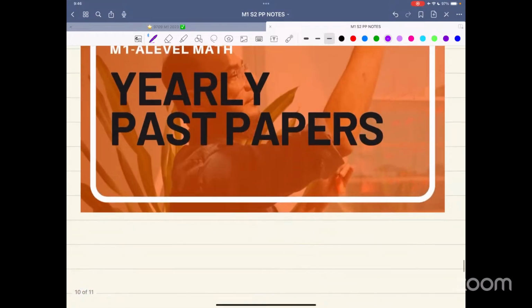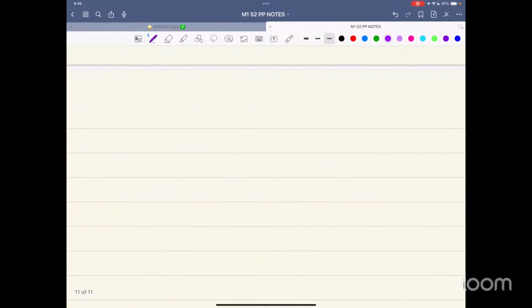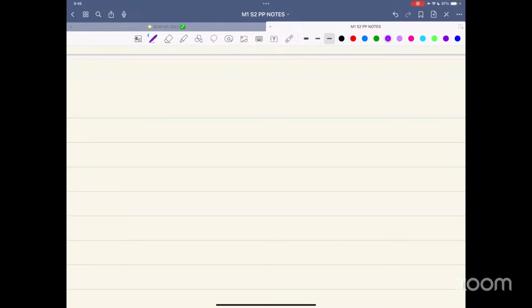Now, if I look at the syllabus of M1, there is kinematics. There are two kinds of kinematics. One is about constant acceleration, and the other is about variable acceleration.